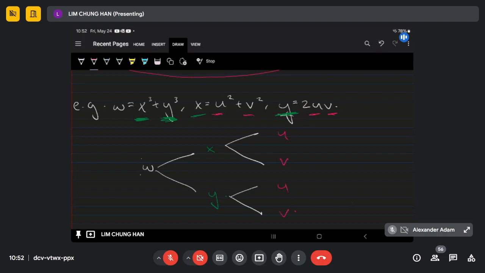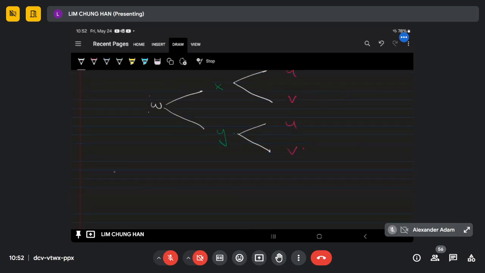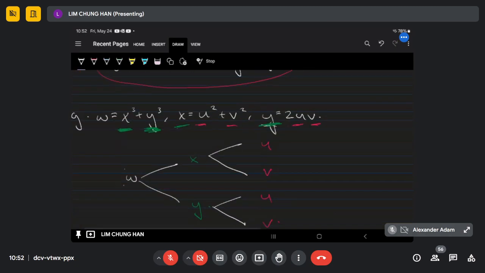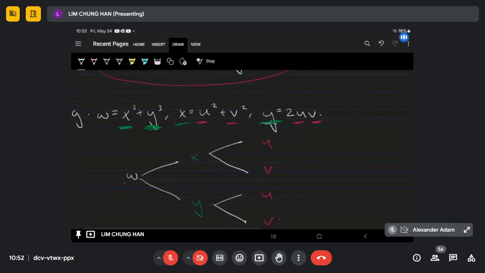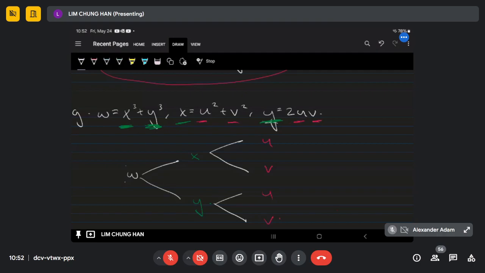Is that okay? Do you know how to draw this tree? This tree is very important. If you cannot draw this tree, you're not going to know how to come up with this solution. You need to know how to draw this tree. It's actually very easy.